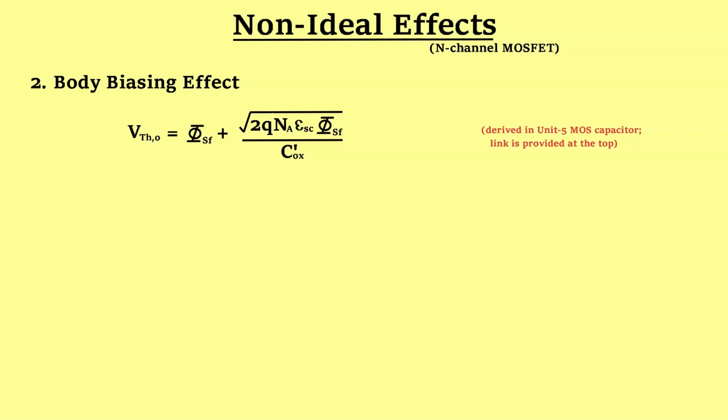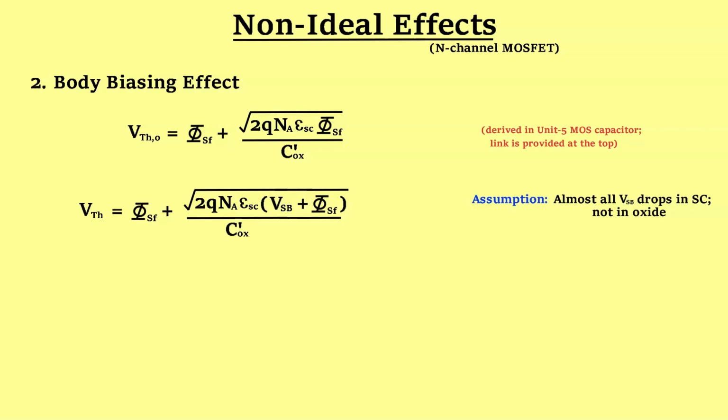In the unit of MOS capacitor, we have derived the value of threshold voltage in terms of surface potential and capacitance per unit area. Here in this formula, we have assumed body and source terminal are shorted. Now, from this formula only, we can find the value of threshold voltage when there is a potential drop between source to body.